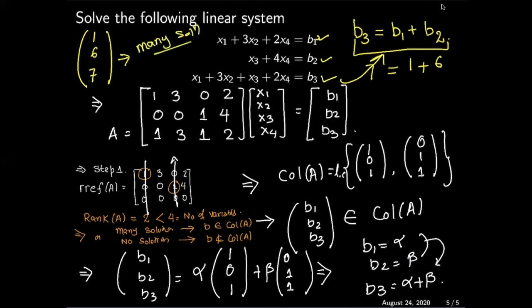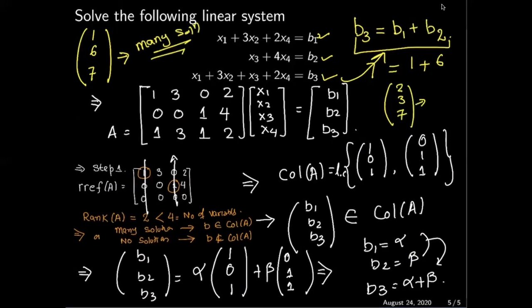So this column vector gives me many solutions. In fact, if I choose 2, 3, 7, this will give me no solution, because 2 plus 3 is 5. This is not equal to 7. So this situation will be no solution.